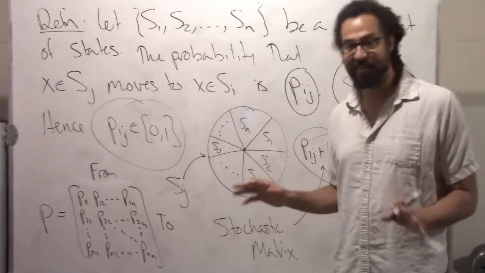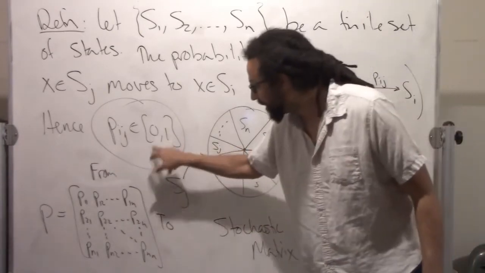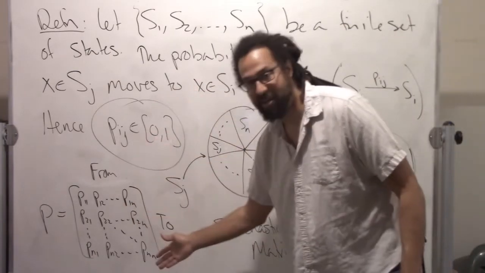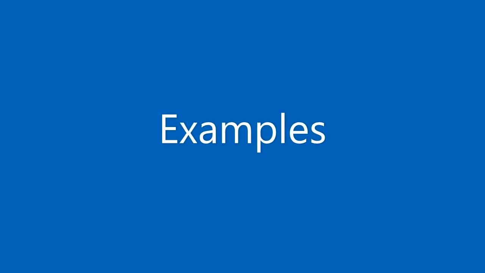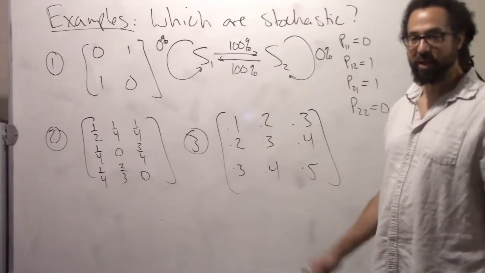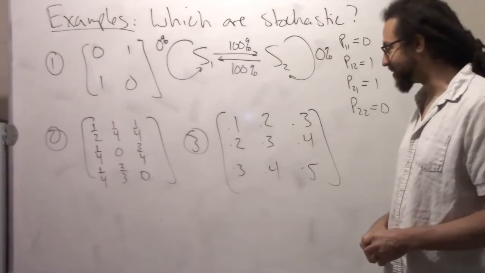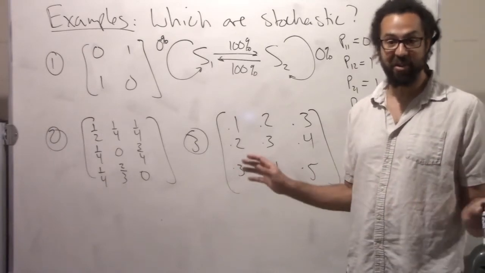So memorize that definition of stochastic matrix, 2 parts. All the entries are between 0 and 1, and when you add up along the columns, you will get a 1. All right, really quick, we just want to check and see which one of these matrices are stochastic. First of all, if they're not square, then they're not stochastic.